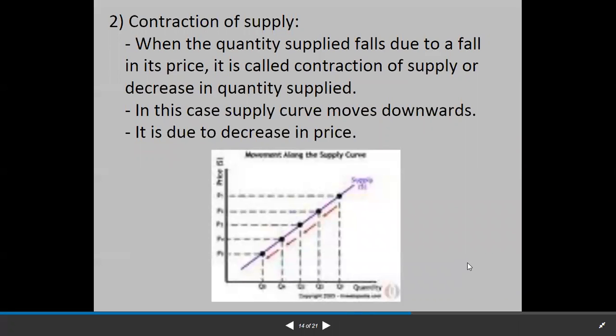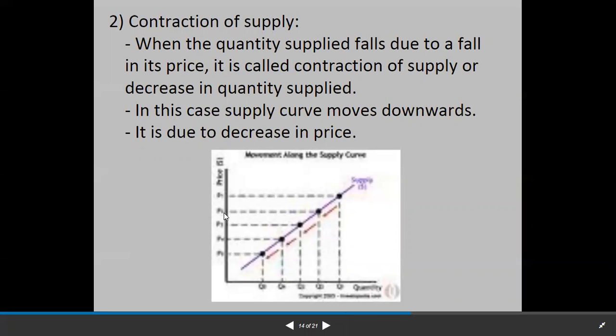This is the contraction. What is meant by contraction? When the quantity supplied falls due to the fall in the price. It is called contraction of the supply or decrease in the quantity supplied. You can see with the help of this curve, when the price was very high, the quantity sold was this much.